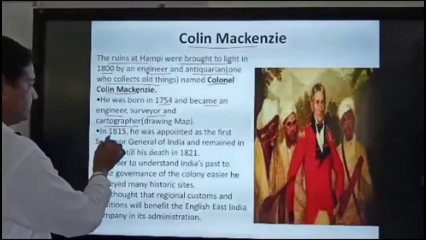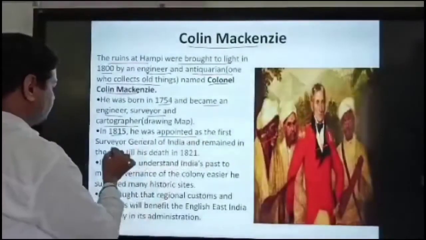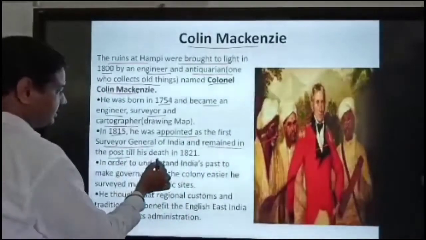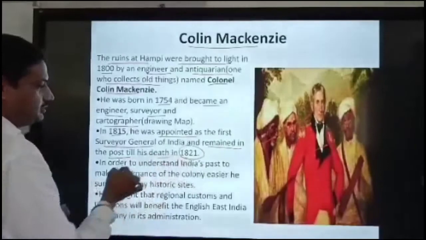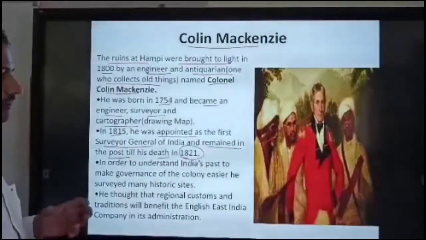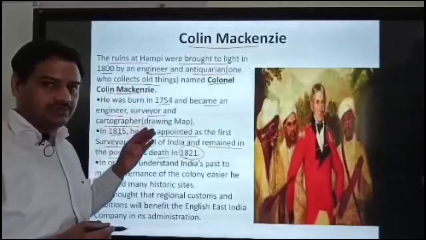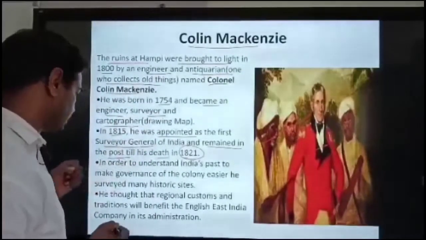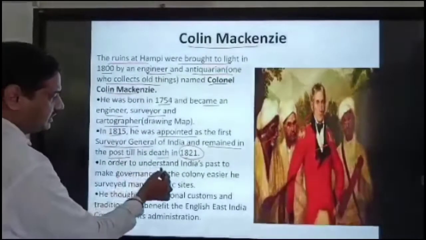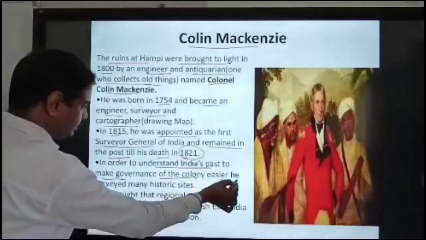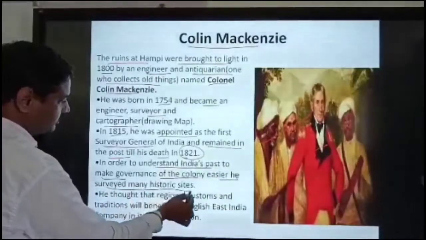In 1815, he was appointed as the first Surveyor General of India and remained in the post till his death in 1821. And during that time, he made a remarkable contribution to Indian history by discovering this imperial capital of Vijayanagara. In order to understand India's past, and to make governance of the colony easier, he surveyed many historic sites.